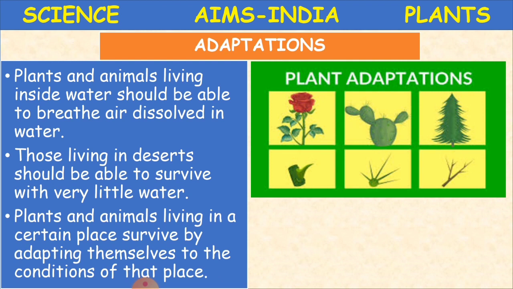As I said before, some plants live in hot climate, some live in dry climate, some live in cold climate. In whichever area they are living, those plants are able to make themselves live in those particular climatic conditions, so that they can survive in that area. Okay, children, clear?